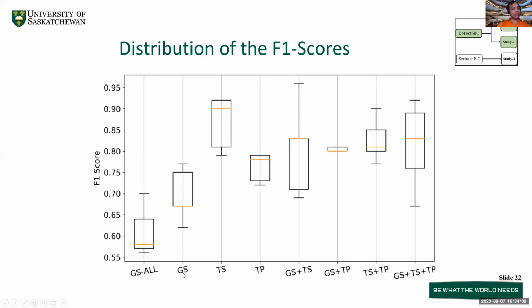There are three primary feature sets: GitHub based features, token sequence based features, and token pattern based features. And all these features are prioritized features. Here, GitHub all represents all the features, that means prioritized and non-prioritized features. I mentioned in earlier slides that I extracted 12 features from GitHub.